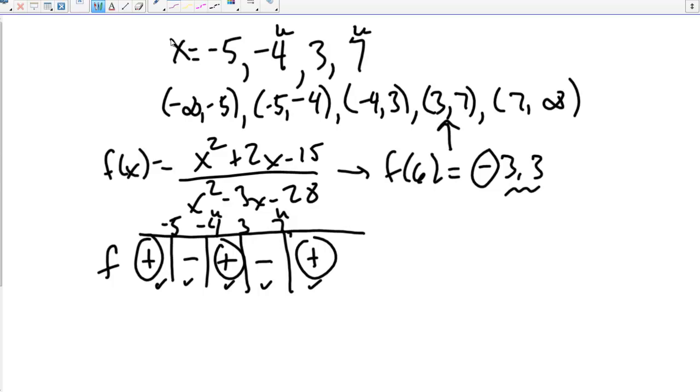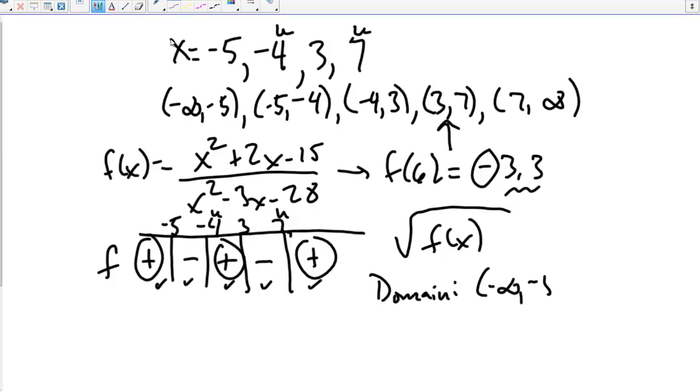And so for our original problem, where we wanted to know the domain of the square root of f of x, the domain would be any x value from negative infinity to negative 5, and we can include negative 5 there because we want f of x greater than or equal to 0, and it was equal to 0 at negative 5.